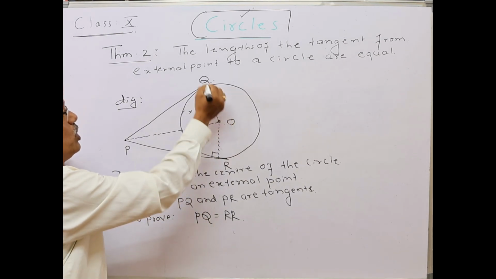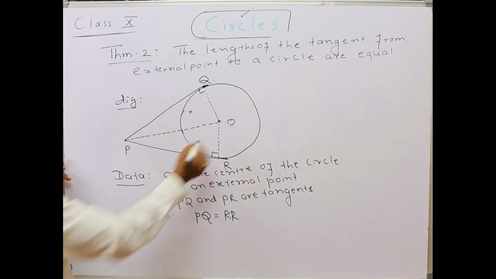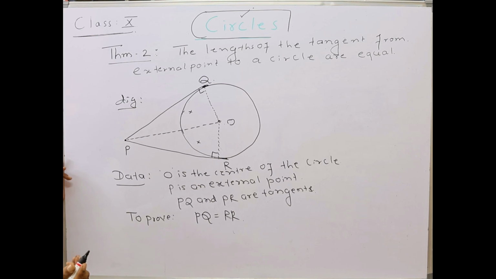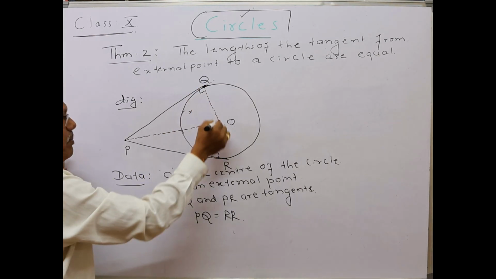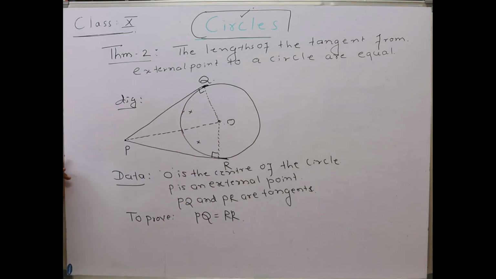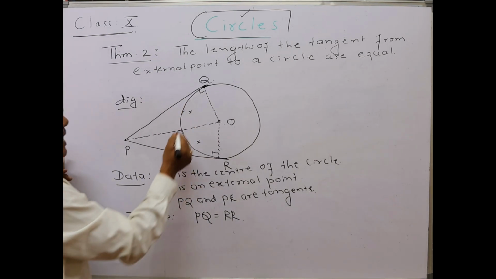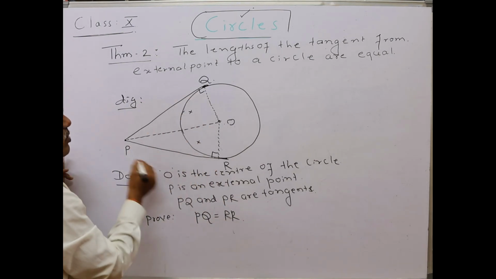How? This OQ is equal to OR. Then OP is equal to OP, common. This is the hypotenuse, this is the base. When the hypotenuse and one side are equal, then these two triangles are congruent. By the corresponding parts of congruent triangles rule, CPCT, PQ will be equal to PR.